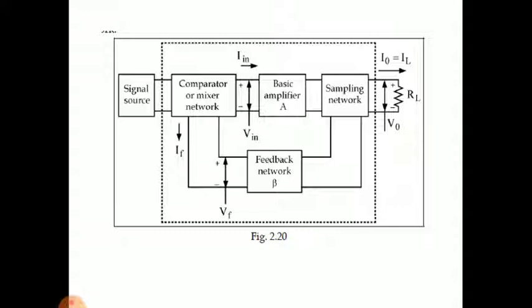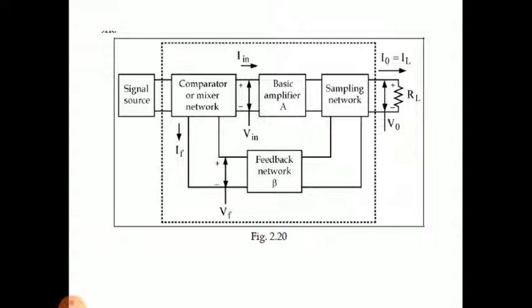And the current direction, if you see, I in into the basic amplifier and I output is equal to I load current, and A and beta are the respective gains of the basic amplifier and feedback network.